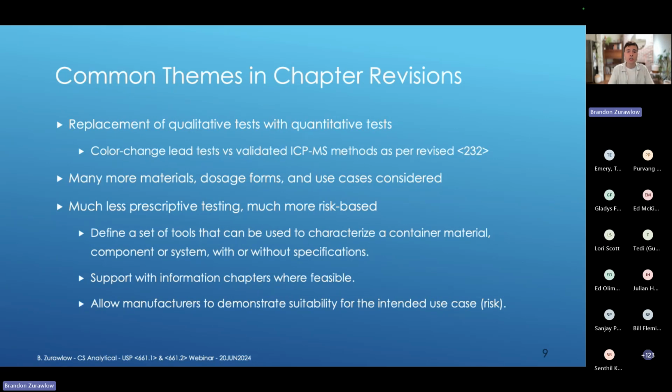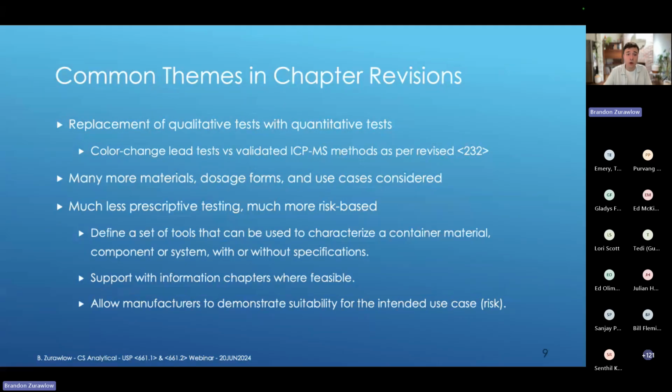And so a lot of these chapter revisions, whether they're a guidance chapter or a 3-digit chapter like we'll talk about today in 661, define a set of tools and a set of considerations that can be used to characterize a specific material, component, or system. There's often that supporting information to help you interpret that in an information chapter. And ultimately, there is a little bit more gray area in these chapters today to allow for that end user to tailor things specific to their use case.